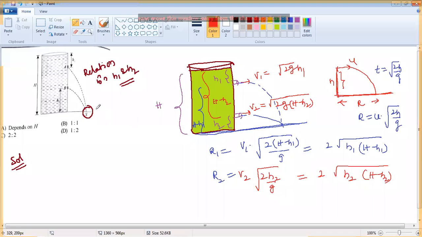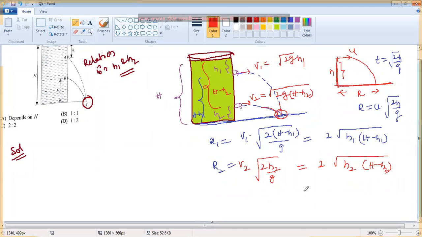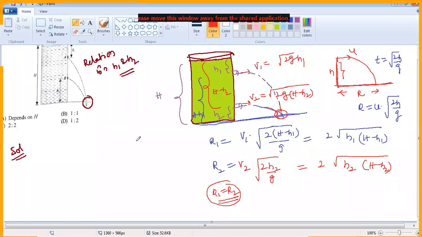As per the figure, the ranges are the same, so R1 equals R2. Cancelling the common terms, h1 into H minus h1 equals h2 into H minus h2.